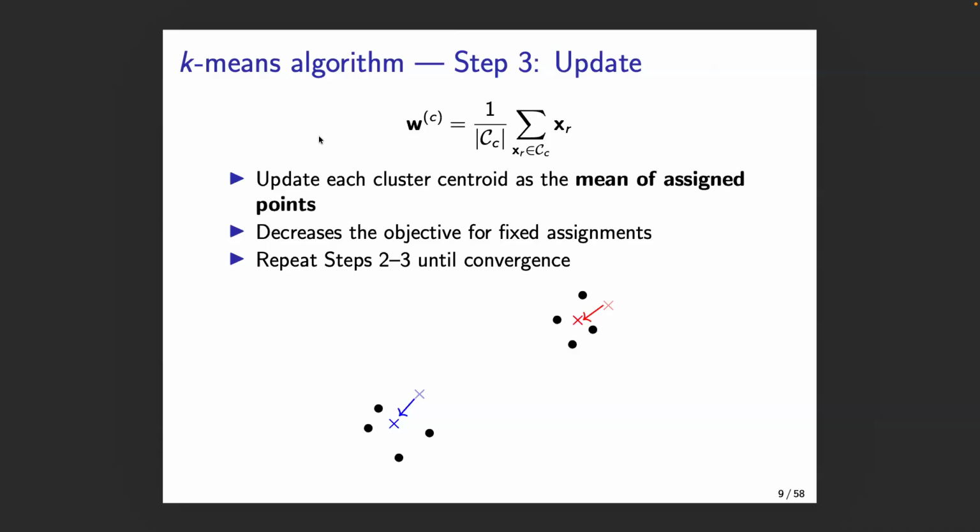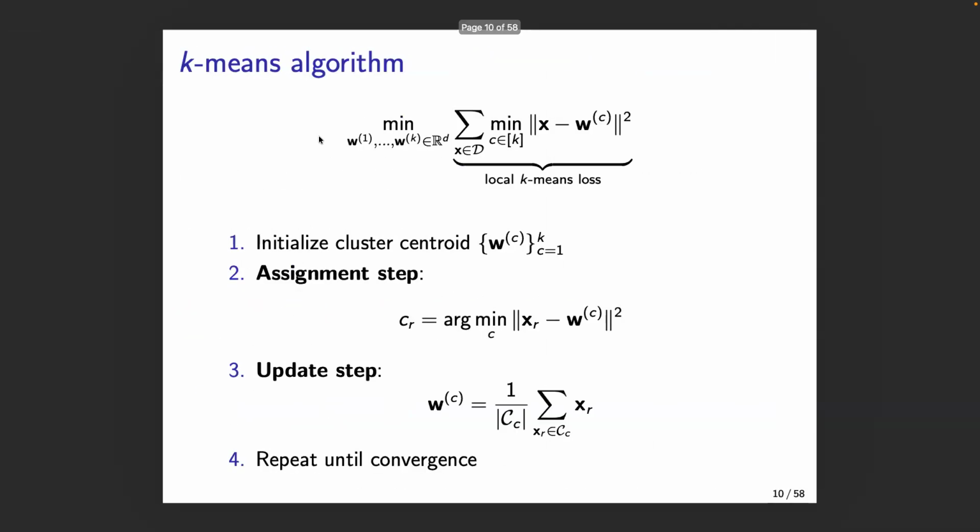This decreases the objective for the fixed assignments, and then we can repeat the steps until convergence. So overall, the objective is to minimize, over all the clusters, this local k-means loss: the minimum, for each point, of the distance to their nearest cluster centroid. So we initialize the cluster centroids, we assign points using this argmin of the local loss, we update the centroids and we repeat until convergence.